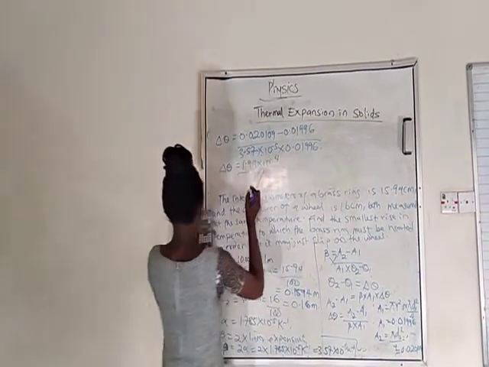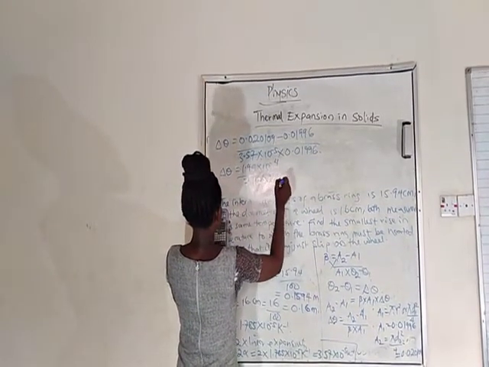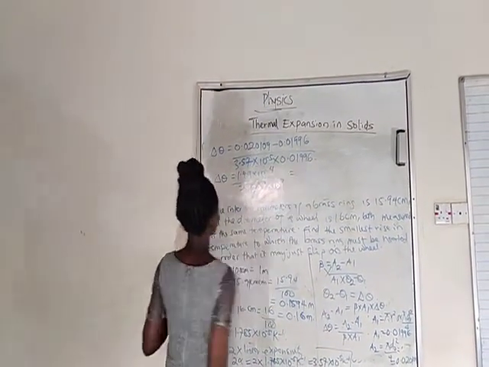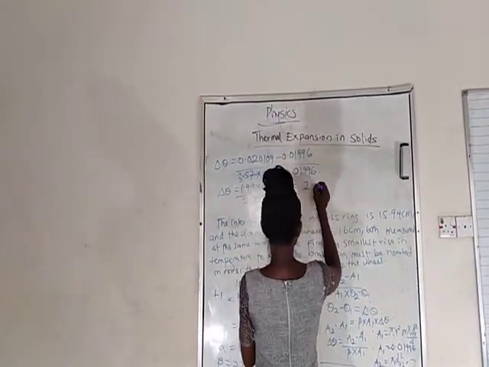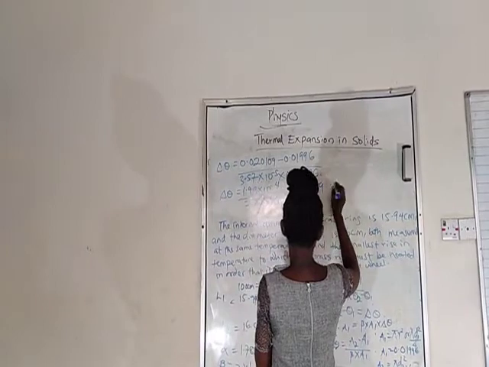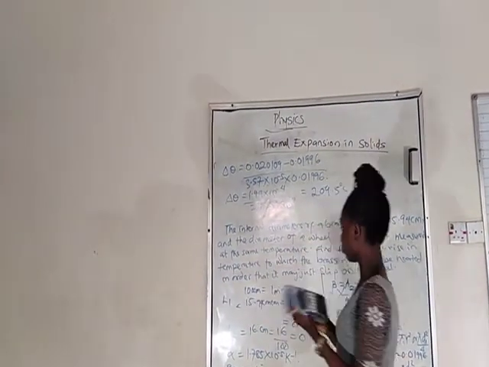Okay, so we have our values here: 7.1257 times 10 raised to the power minus 7. When we divide this together, we're going to have 209.47, approximately 5 degrees Celsius.